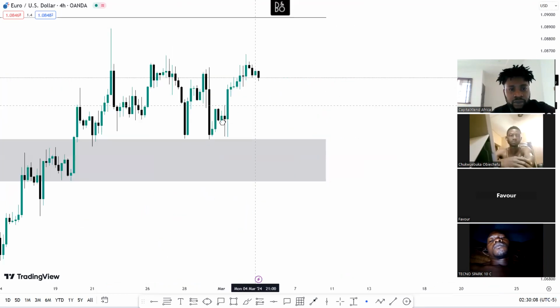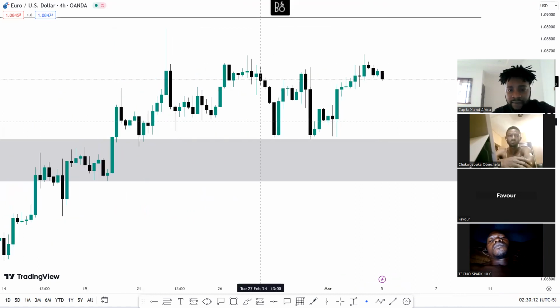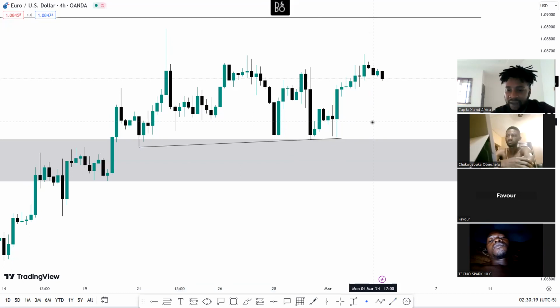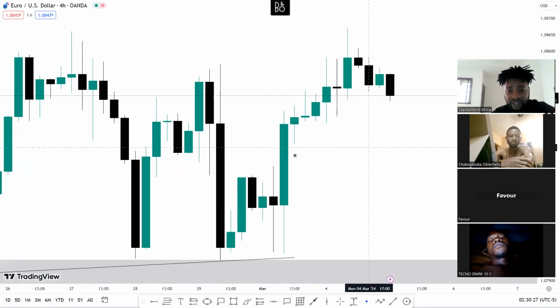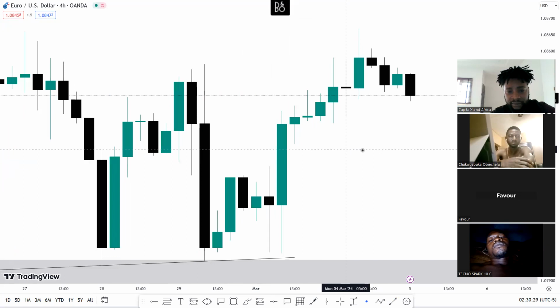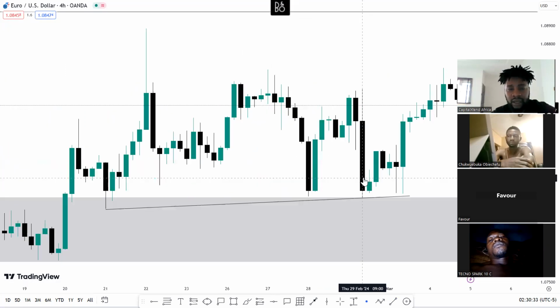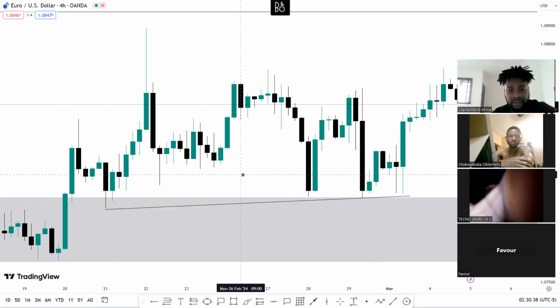So zooming closely on Euro USD for our time frame, I've got an SMT here. Remember, we have an SMT on the dollar index, and now I have another SMT here. Zooming closely, I have this internal range liquidity. Okay, now I think I'll have to go back to the dollar index so you guys will understand this.